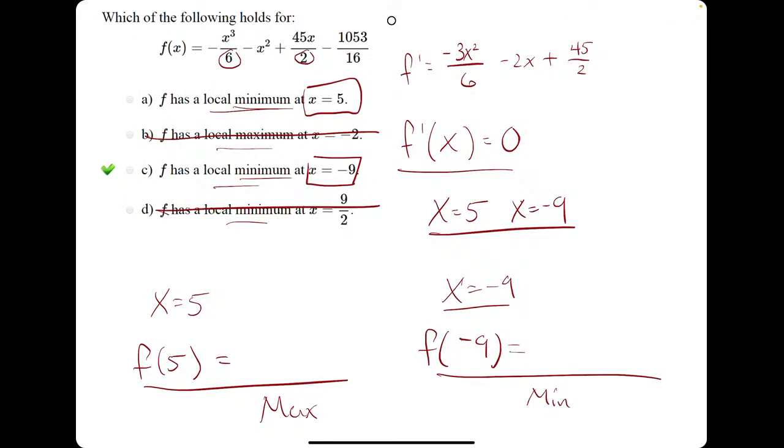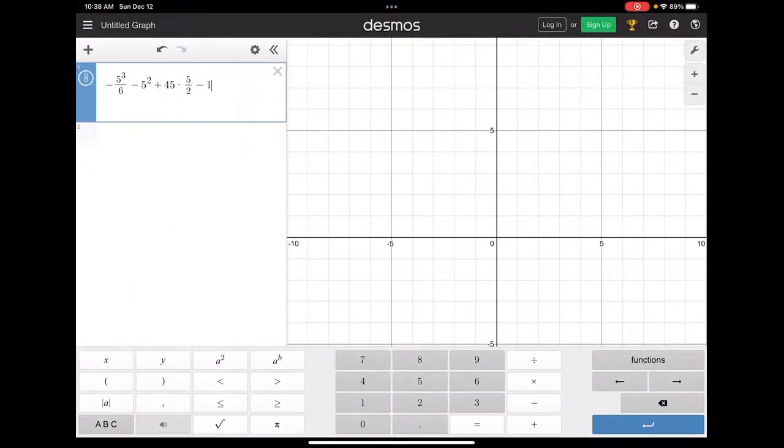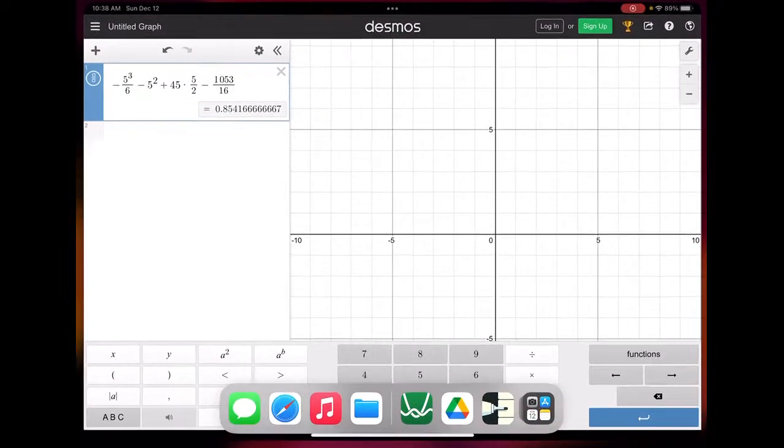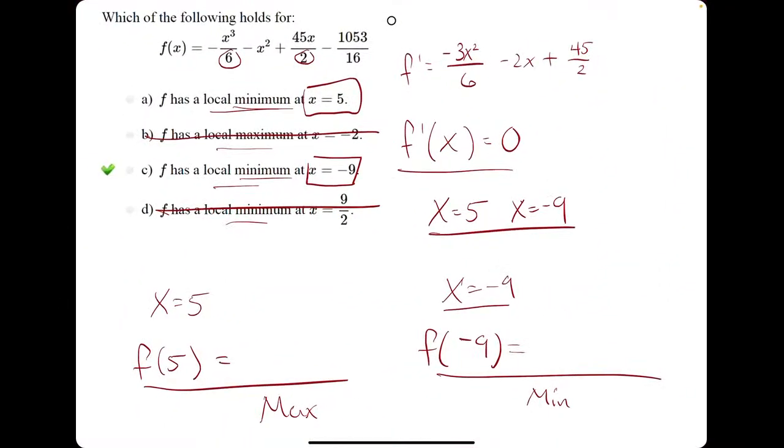That should work regardless, and then minus 1053 over 16. All right, so for this, we get about 0.85. Not a great number, but it's something.